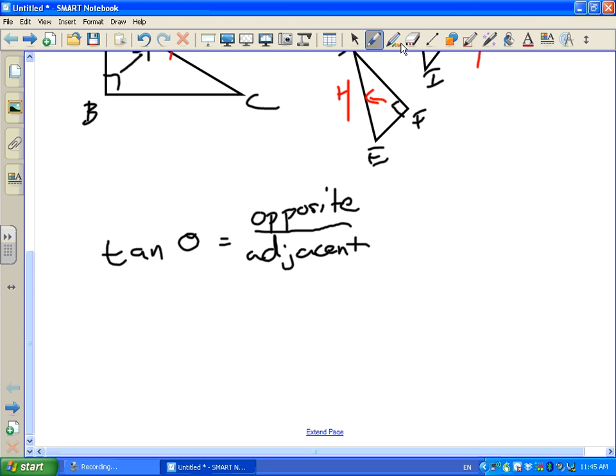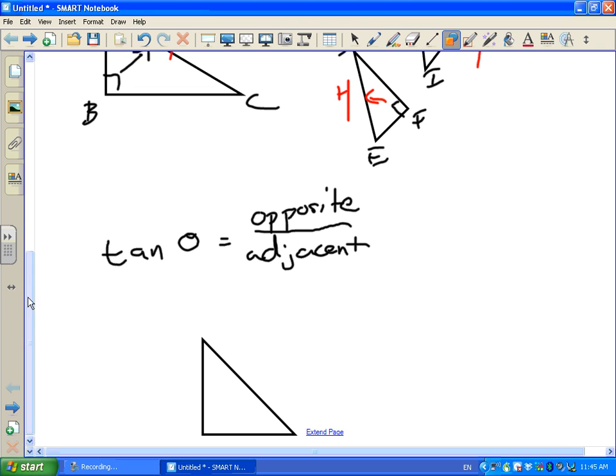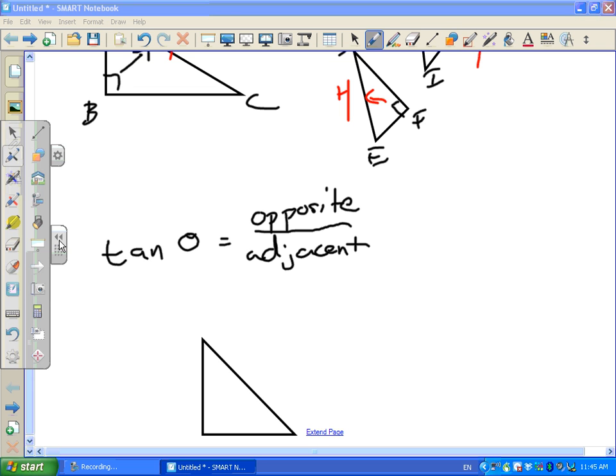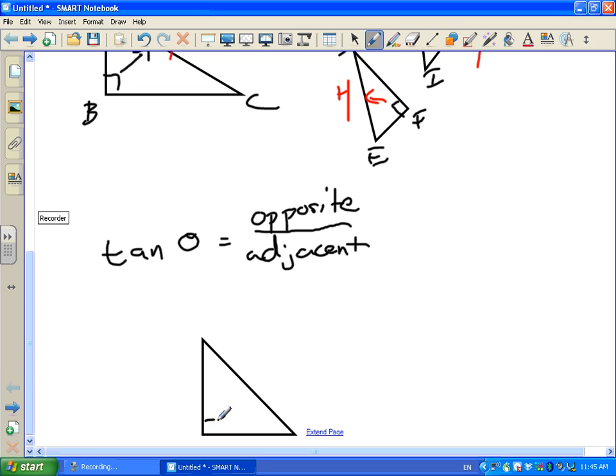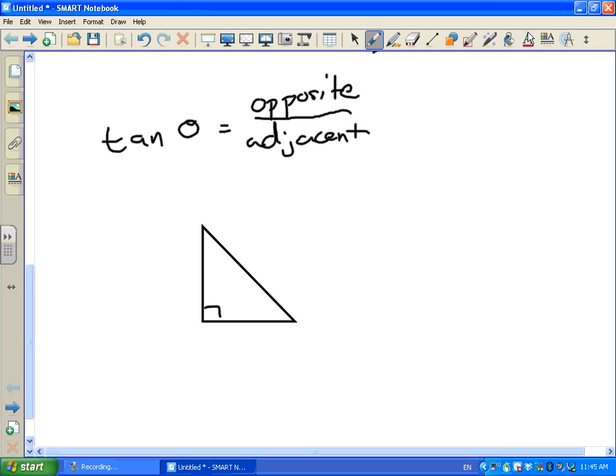So, let's put up another right angle triangle. Let's do tangent in green. Okay? Theta refers to an angle.